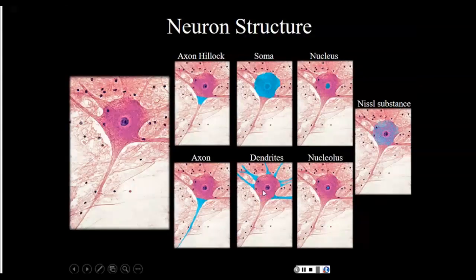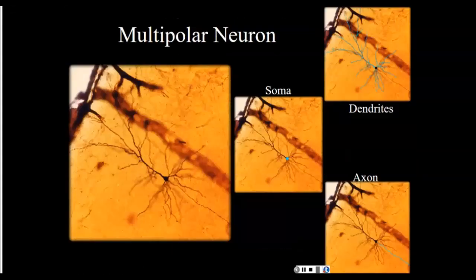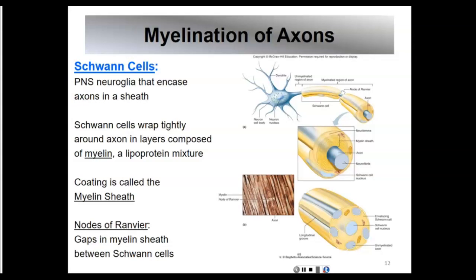Here is another picture in microscopic version, as well as another one. So our Schwann cell is only going to be in the peripheral nervous system. So we can label it as peripheral nervous system neuroglia.